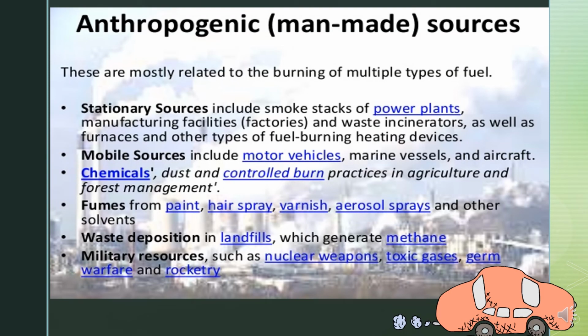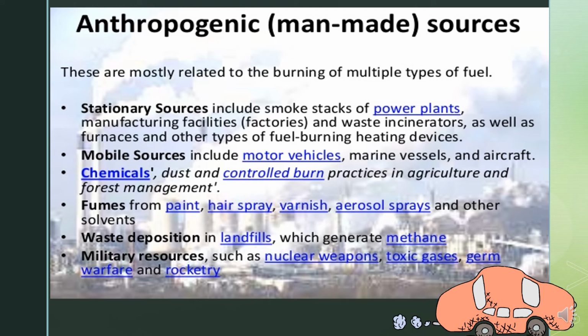Anthropogenic or man-made sources, man-made air pollutions. These are mostly related to burning of multiple types of fuels. Stationary sources include smoke stacks of power plants, manufacturing facilities, factories, waste incinerators as well as furnaces and other types of fuel burning heating devices.